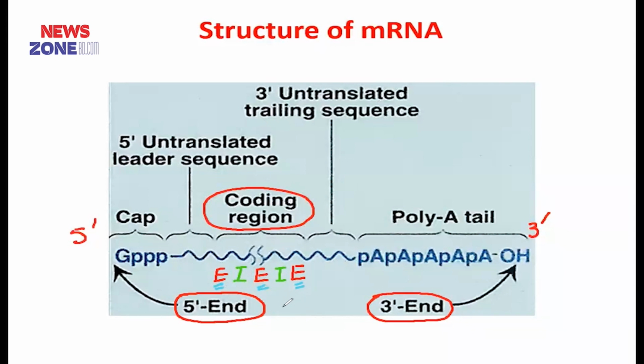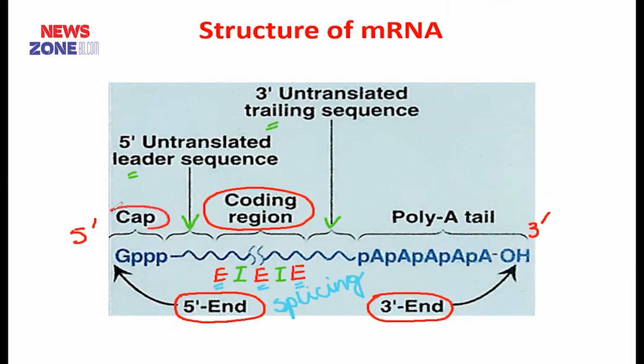And the removal of introns and joining of exons is known as splicing. There are also some untranslated regions that do not code for protein synthesis. At the 5' end, there is untranslated leader sequence, and at the 3' end, there is untranslated trailer sequence.